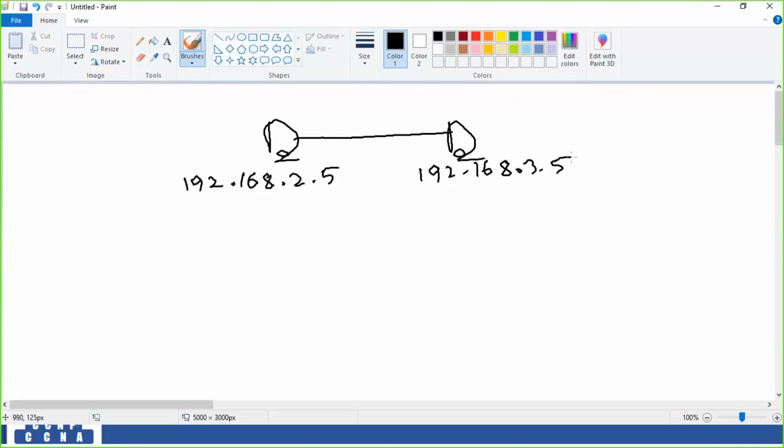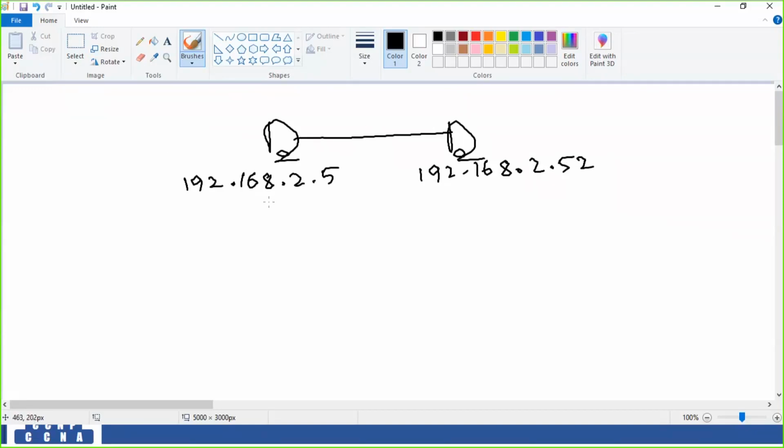No. Here there should be a 3. If it is also 2.5, then it is an IP conflict, so they cannot communicate.